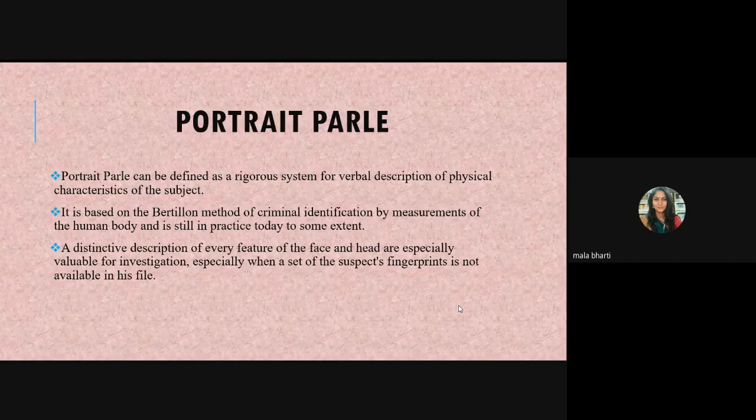That is a possibility which can be seen in numerous people. So this whole concept was later criticized, but then again, during that phase, his concept of identifying the individual using physical characteristics was much appreciated.